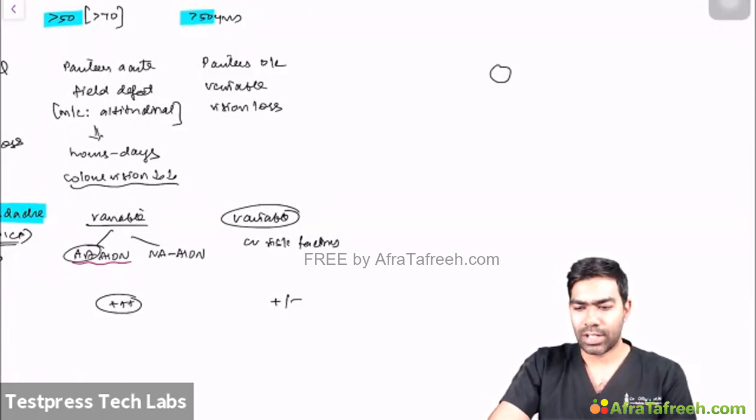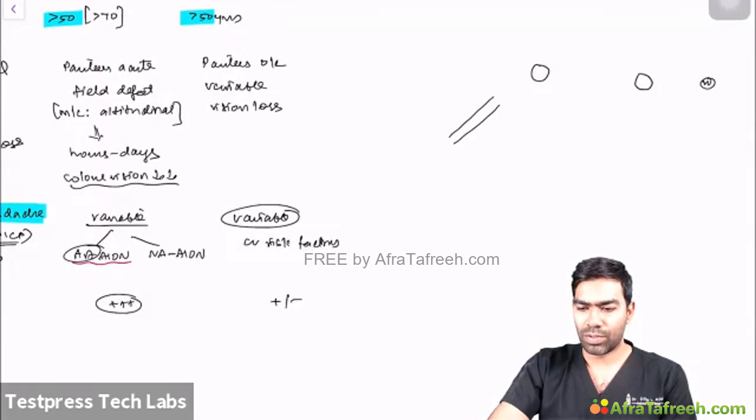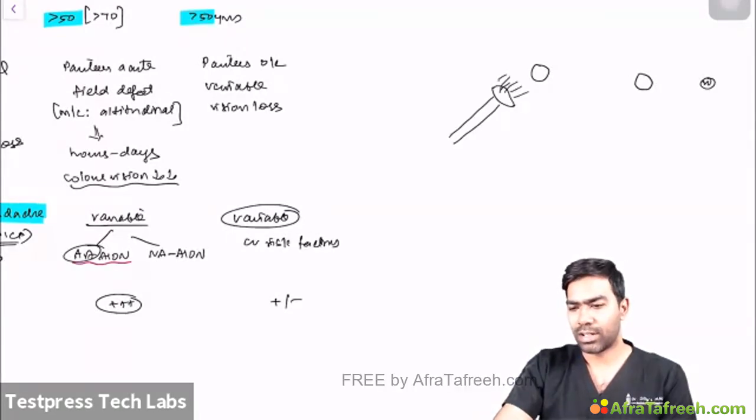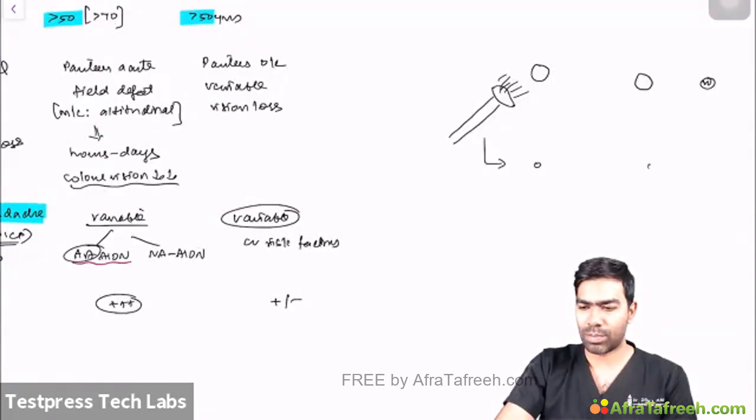So first, initially, let us assume there is an optic neuritis in this eye. So you have a pupil. Let us see the normal response first. Now you keep a light here, and of course, once you give a light, you're going to have a constriction of the pupil.